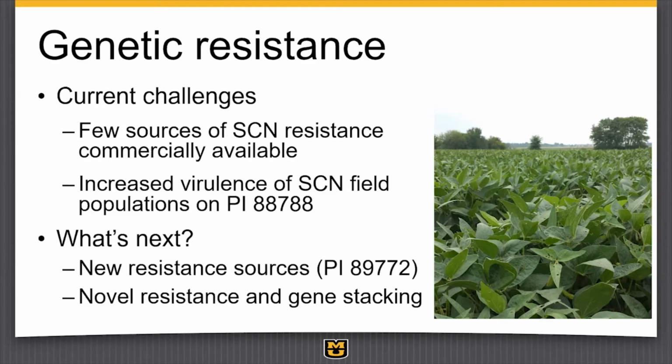We're looking at increased virulence, so a lot more reproduction of soybean cyst nematode on some varieties that have the 88788 source of resistance. But we are also seeing that there are some new varieties coming to market with other sources of resistance, the 89772 source of resistance in some areas, and there's also research being done for novel sources of resistance.